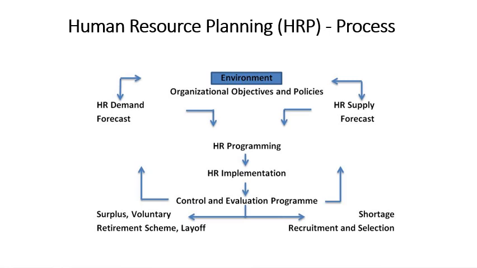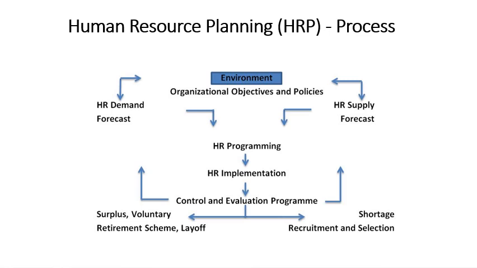And if the company sees that there is a surplus of manpower, then the company will formulate a plan for reducing that manpower. So how can the company reduce the existing manpower? There are different plans for that.